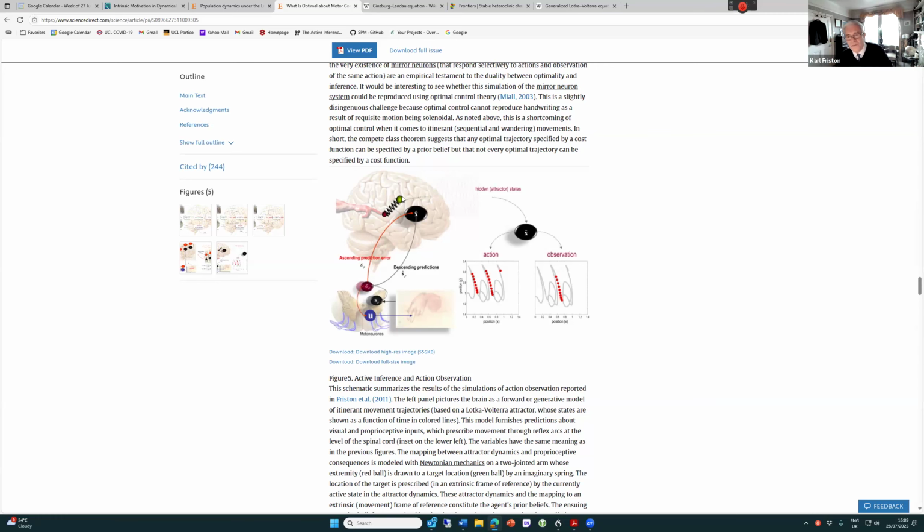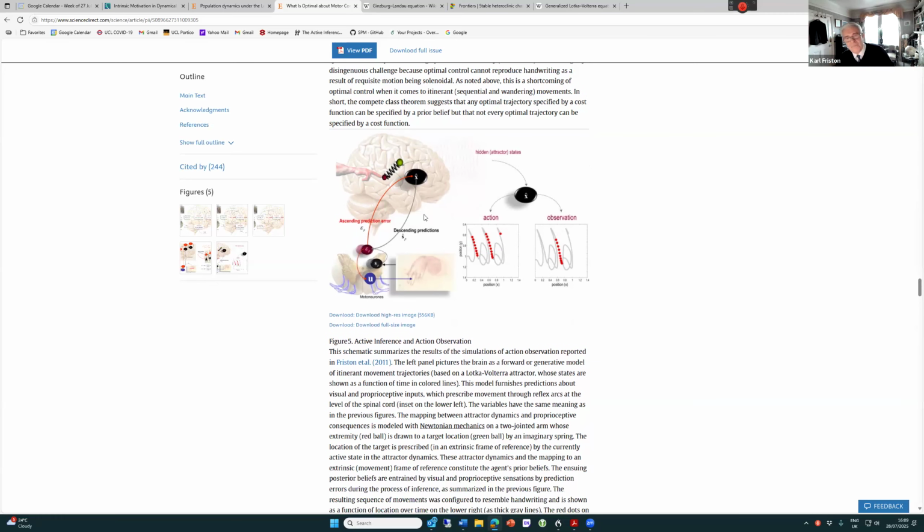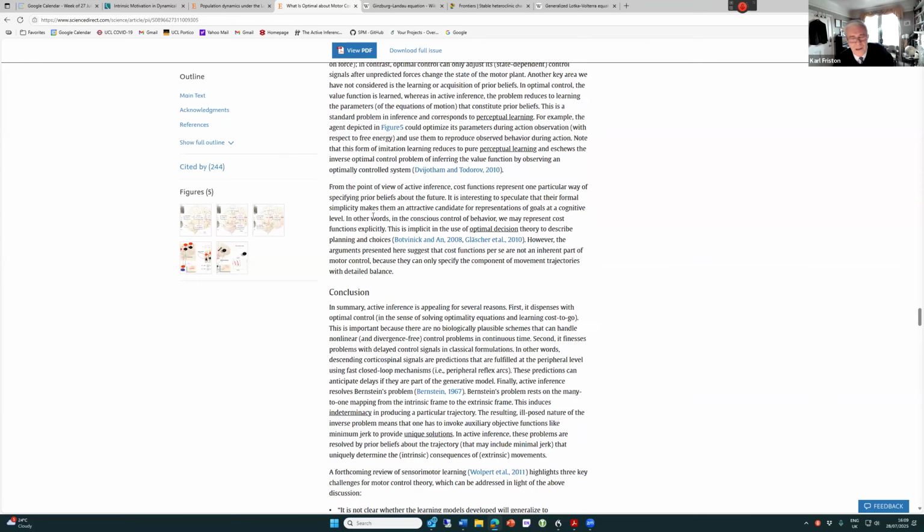And then you can produce all sorts of interesting things. As I was saying before, you can play around with gain of a much simpler sort. You can actually switch off the ascending proprioceptive prediction errors from this reflex part. And if you equip your robot with vision, it would look as if somebody else was moving the arm because it couldn't feel the arm. And then you can get into action observation, all sorts of interesting stories.